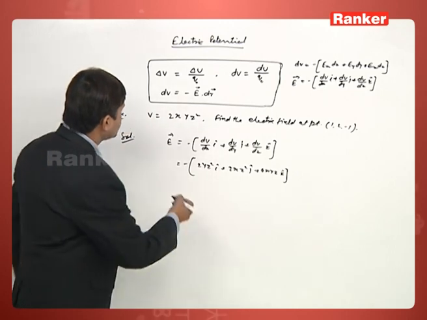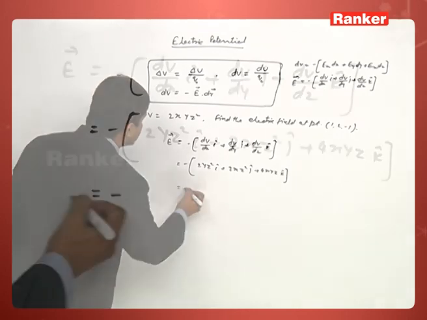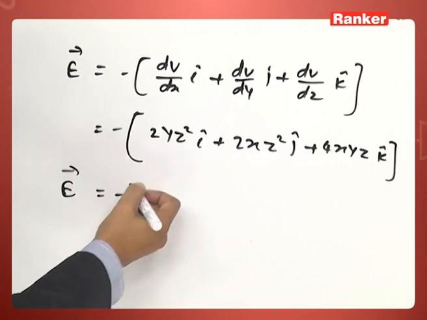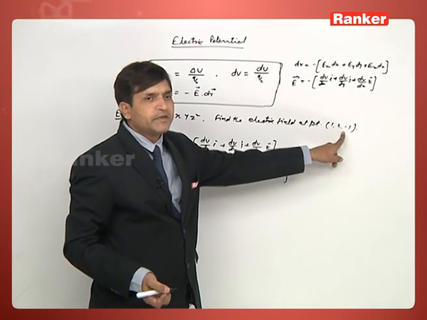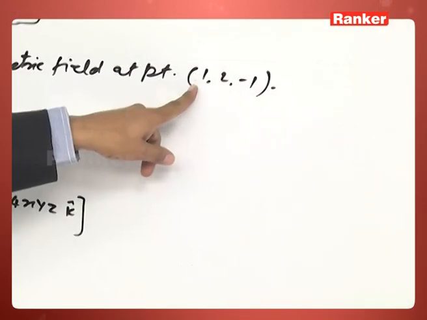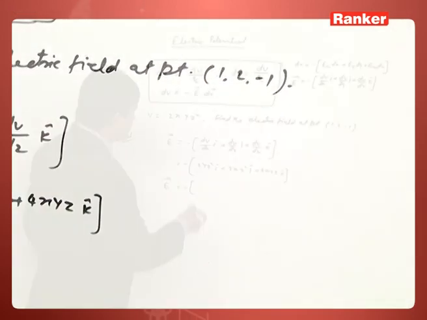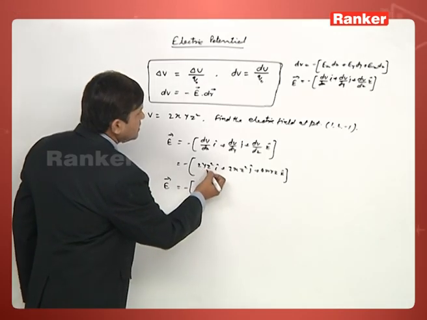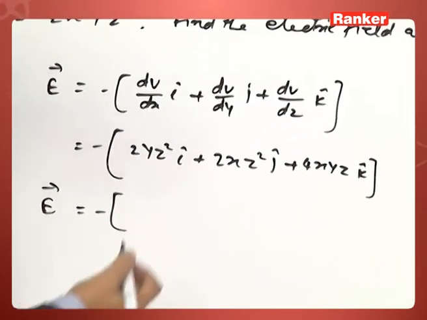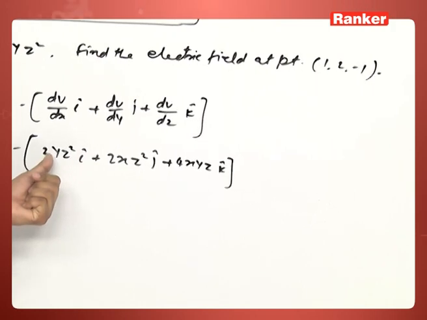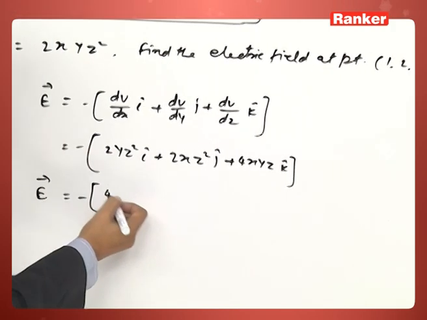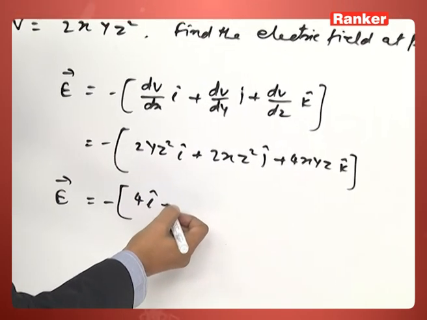Now substitute the coordinates of that particular point where we have to find electric field. So these coordinates are 1, 2, minus 1. Substitute here: x is 1, y is 2 and z is minus 1. So minus, 2yz square is 1 into 2, 2, 4, 4 i cap plus.